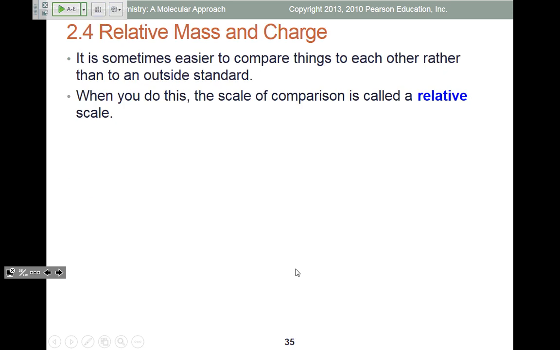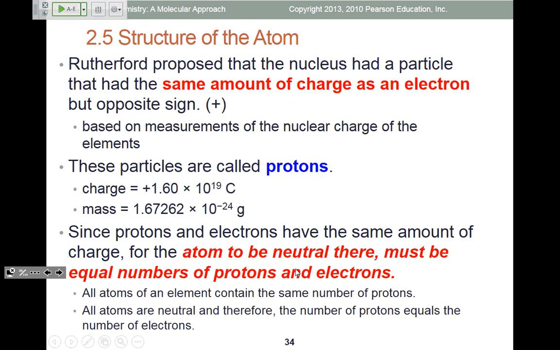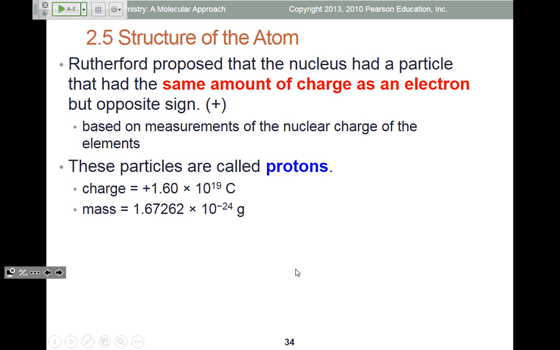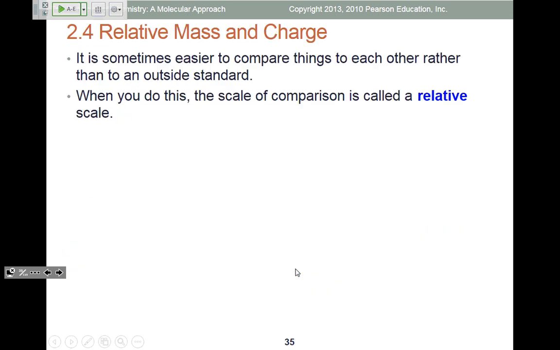Now let's talk about relative mass and charge. It's going to be really confusing to always talk about mass and charge in these numbers, so we're going to make it easier by making it more relative, dividing by a value so we can at least have a 1-to-something ratio. When we're talking about charge, it's going to be a 1-to-1 ratio. So we're going to say protons have a +1 charge and electrons have a -1 charge.